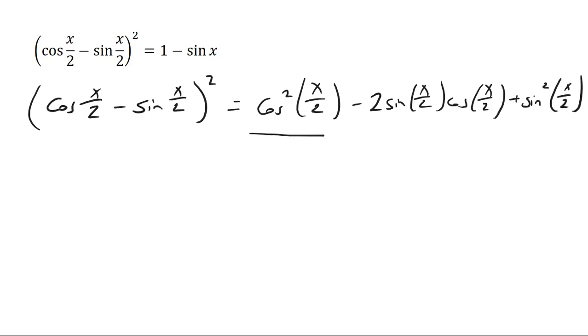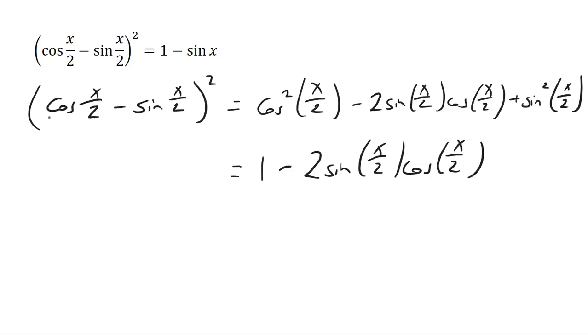Well, cosine squared plus sine squared of the same argument is equal to 1. So it's 1 minus 2 sine of x over 2 cosine x over 2. So somehow this is equal to sine x.